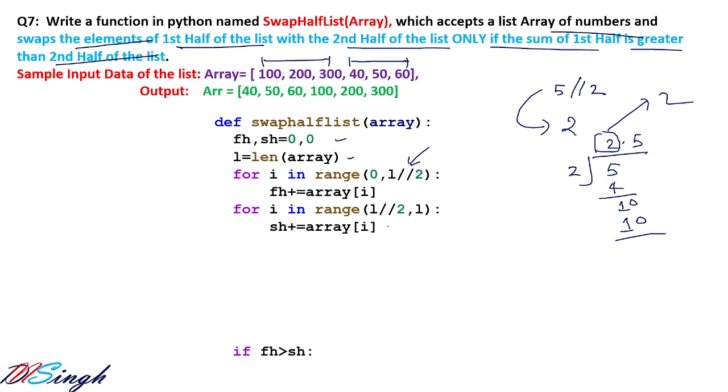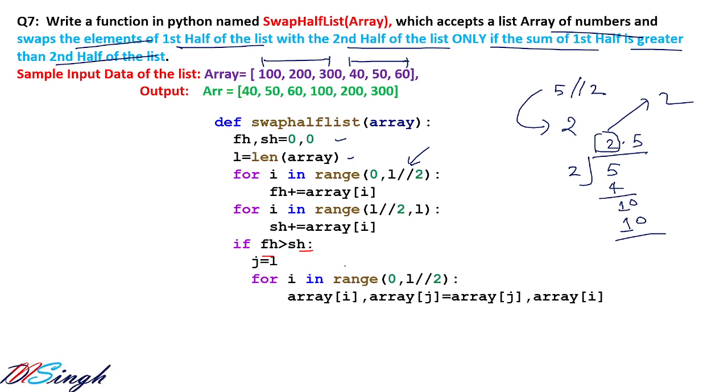Now our job is to compare these two. If first half is greater than second half, then swap the first half with the second half. So we have taken a variable j equal to L, and here we are again looping through the list.